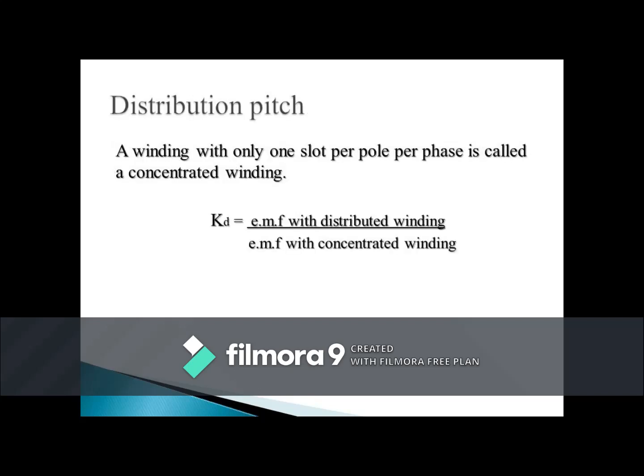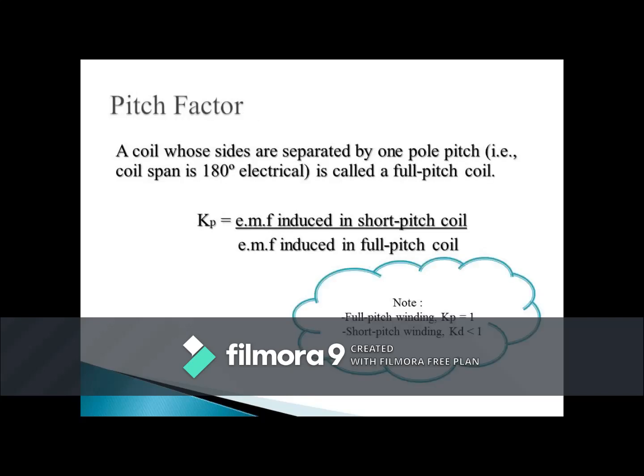Next, the distribution factor. A winding with only one slot per pole per phase is called a concentrated winding. Kd equals EMF with distributed winding over EMF with concentrated winding. Next, pitch factor. A coil whose sides are separated by one pole pitch, i.e. coil span is 180 degrees electrical, is called a full pitch coil.